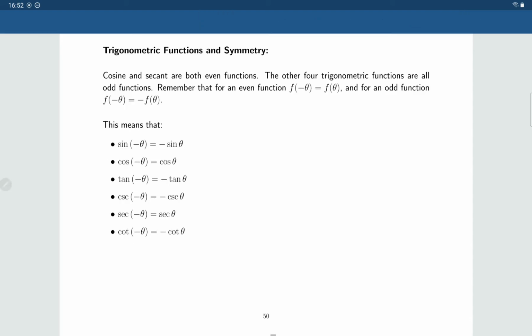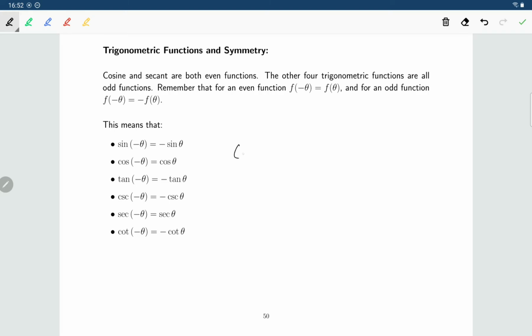For example, if you were looking for cosine of negative 73 degrees, you know that cosine is an even function. So for an even function, you know f of negative x is equal to f of positive x. Or in other words, cosine of negative 73 should be equal to cosine of positive 73 degrees.